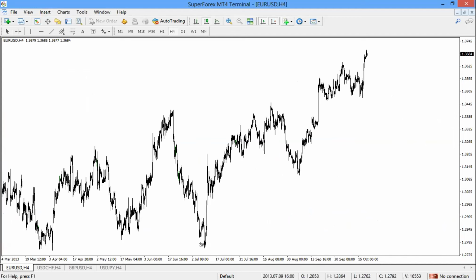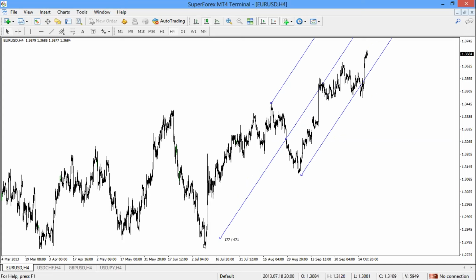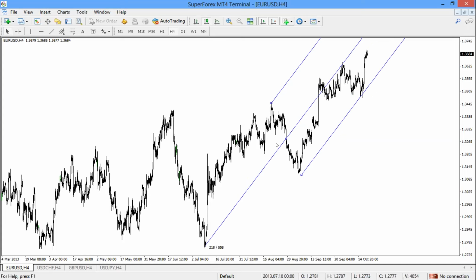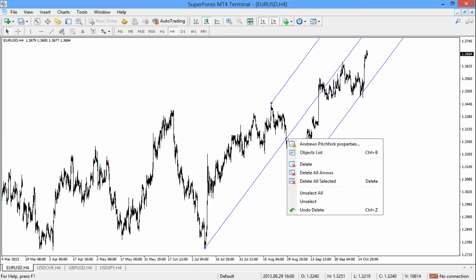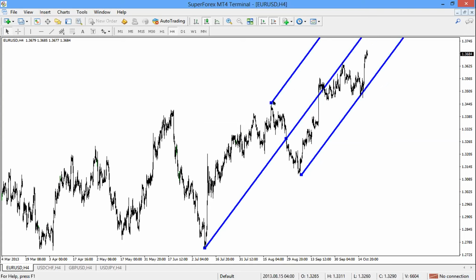Okay, so this is how the pitchfork works. This is what we call a pitchfork. It is used for technical trading. Can you see what happened here?